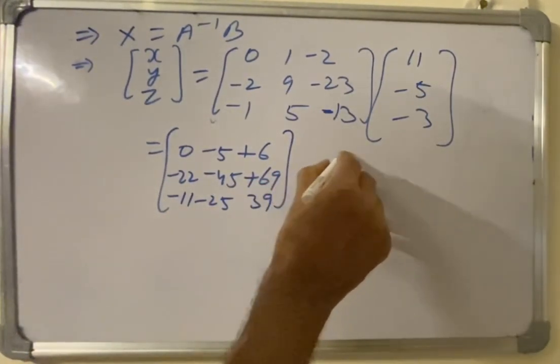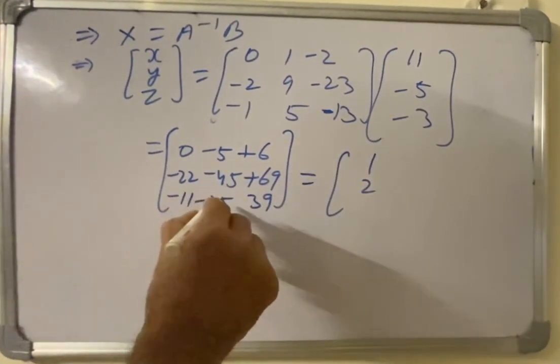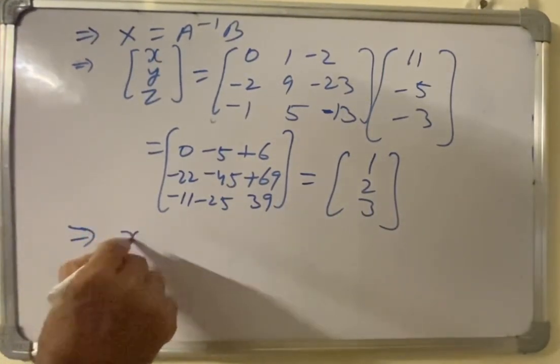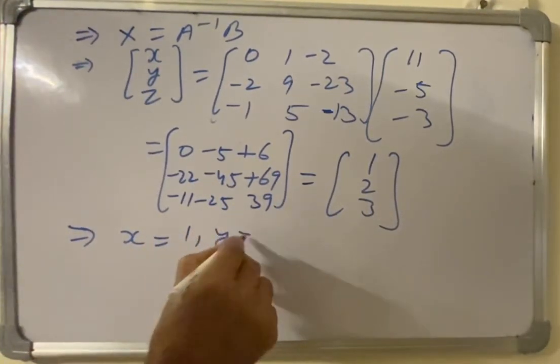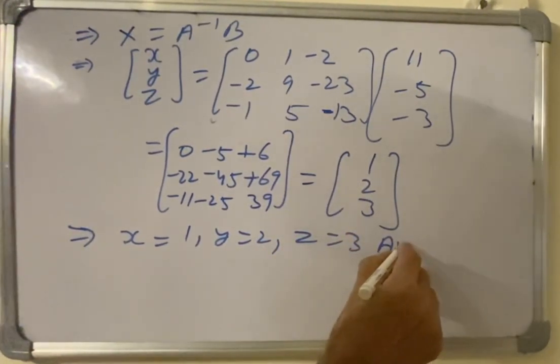So this will give you 1, 2, then 3. This will give you x is equal to 1, y is equal to 2, z is equal to 3. This is the answer.